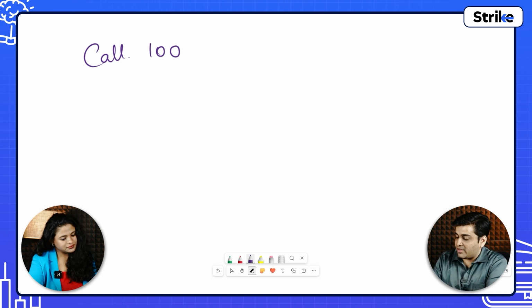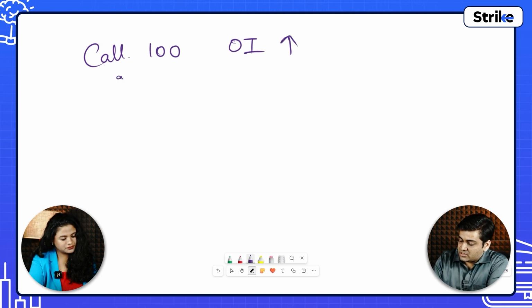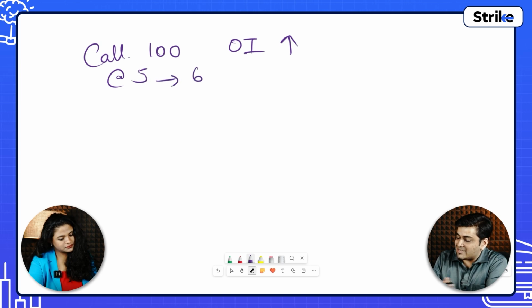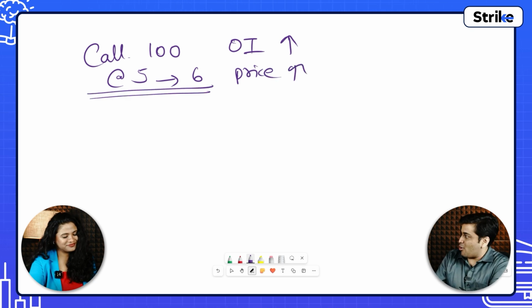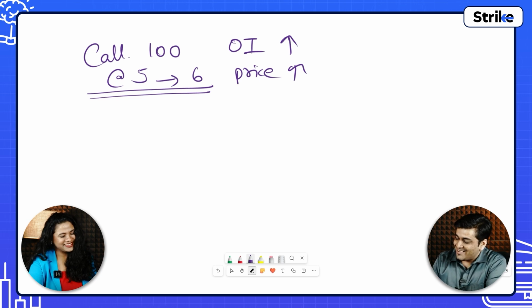We see that the OI is increasing, and the premium was trading at 5 and becomes 6. So OI and price both are increasing. What we will say is that there is a long build up in call 100.